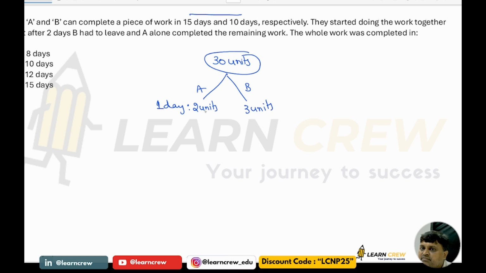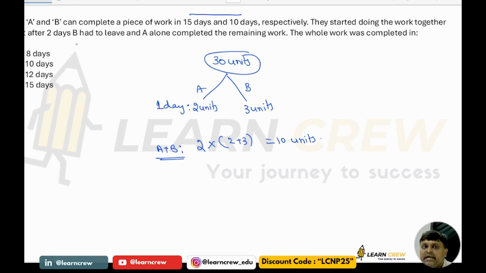They started the work together, but after 2 days, B had left. So A and B started, okay, first 2 days. How much? 2 plus 3, 5 per day. 5 into 2, 10 units of work is completed in the first 2 days.